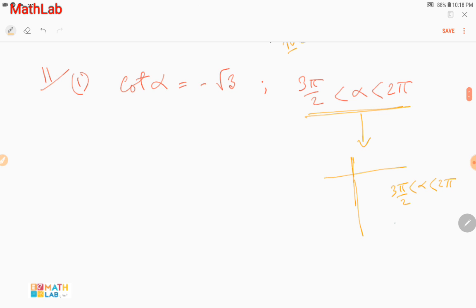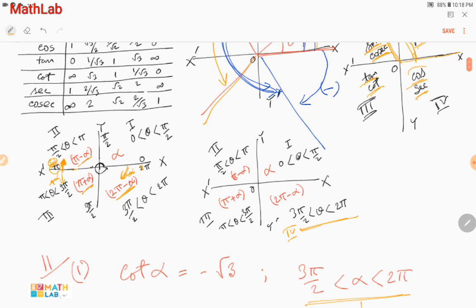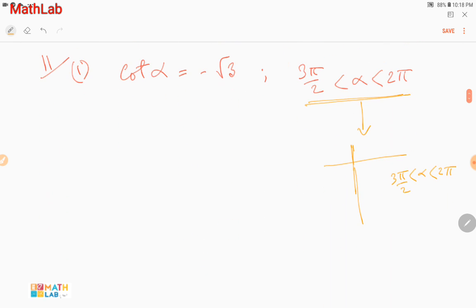In the fourth quadrant we know cos and sec are positive, so this is for cos and sec. And in the fourth quadrant the angle will be 2 pi minus alpha. So now we solve it. Here cot alpha is negative.